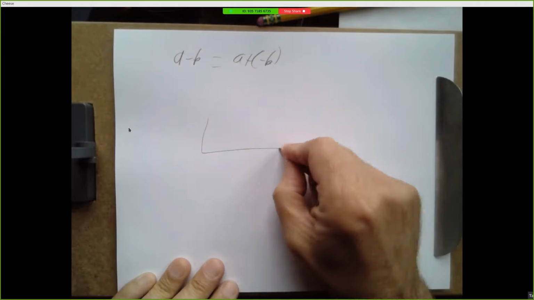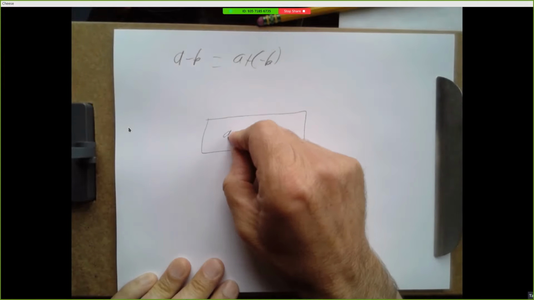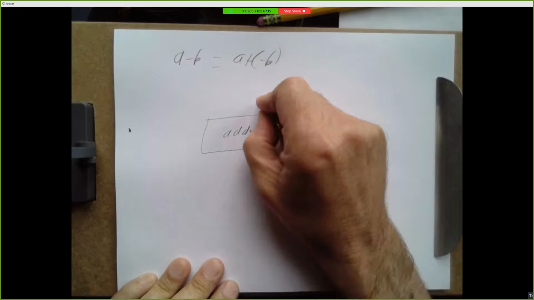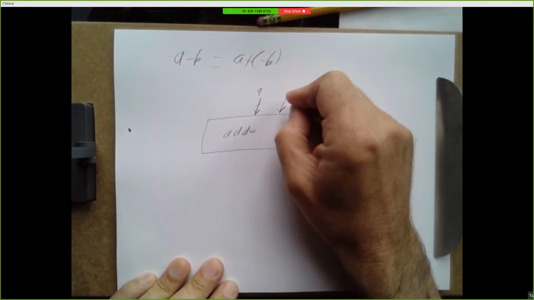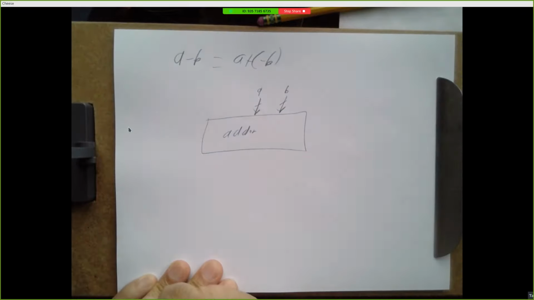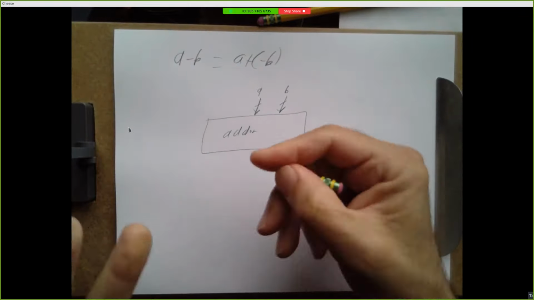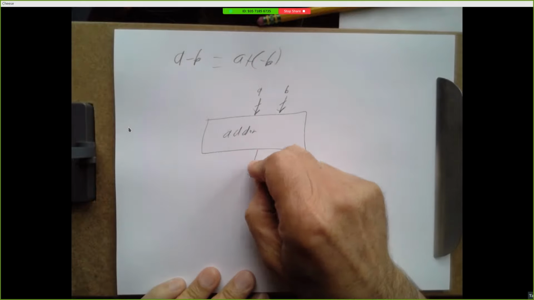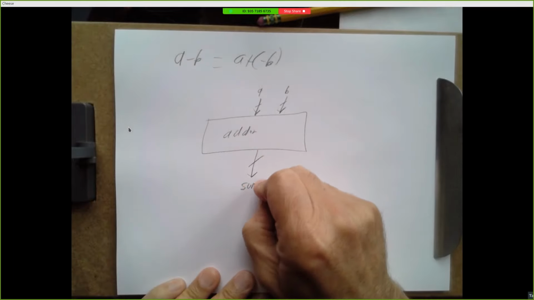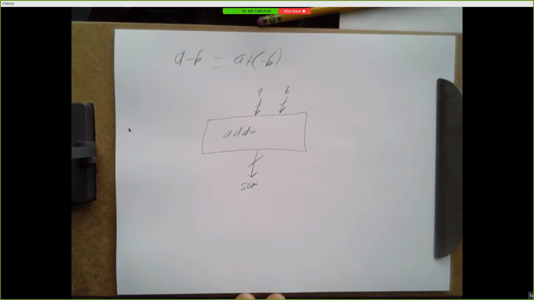So suppose we have an adder. Could be a 2-bit adder, could be an 8-bit adder. And it has 2 numbers coming in, A and B, so the slash means these are buses. It's a collection of lines. And it has an output, which is a sum. Okay, we can build a subtractor the same way we built an adder.